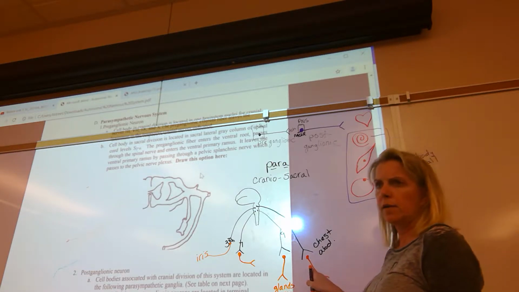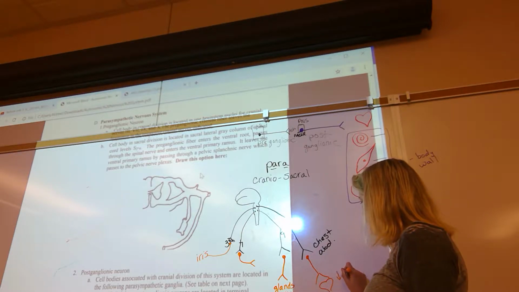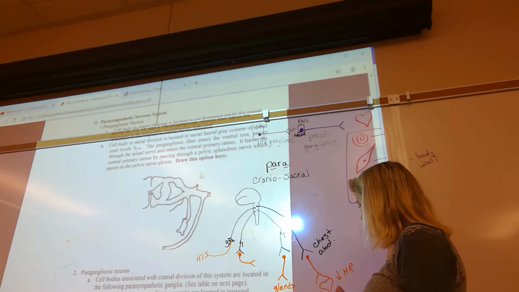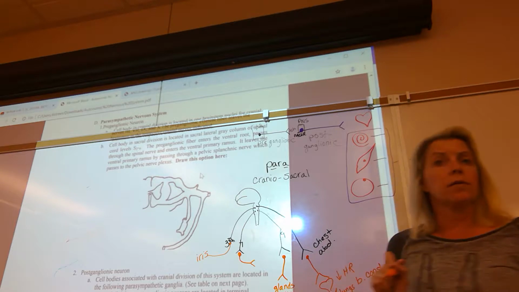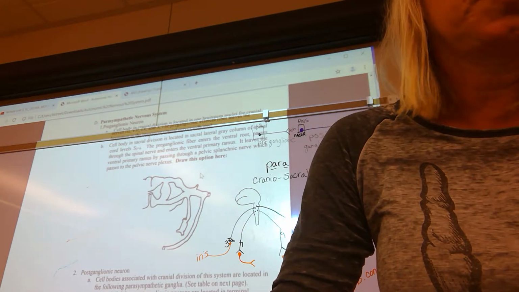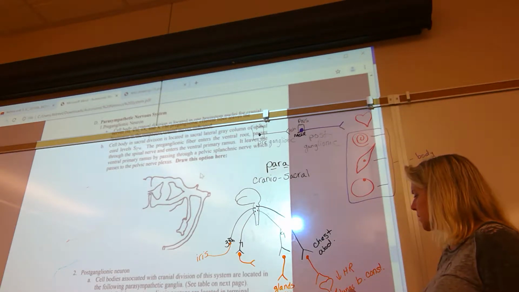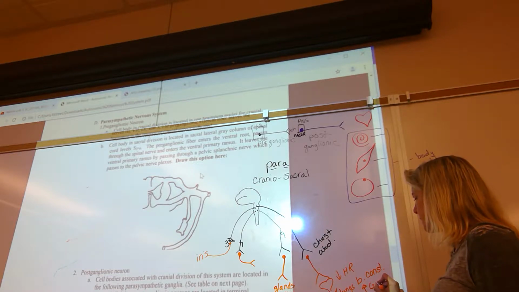That postganglionic neuron can go to your heart to reduce heart rate. It can go to smooth muscle in your lungs to cause bronchial constriction. If you're not running for your life, you don't need more airflow. You're just sitting here. It can go to smooth muscle in your gut to increase gut motility.